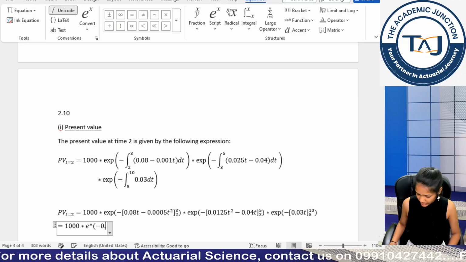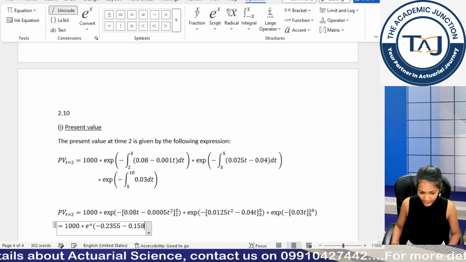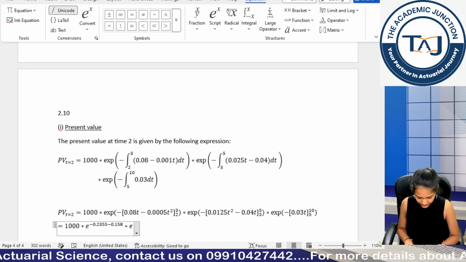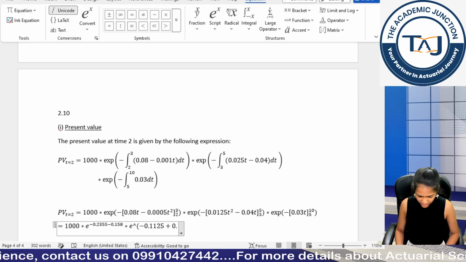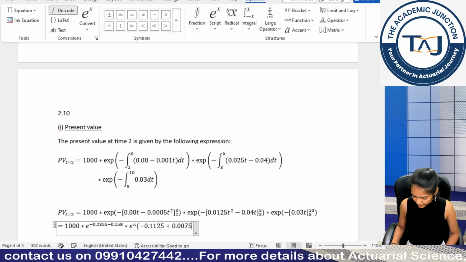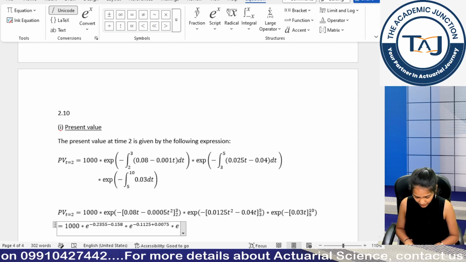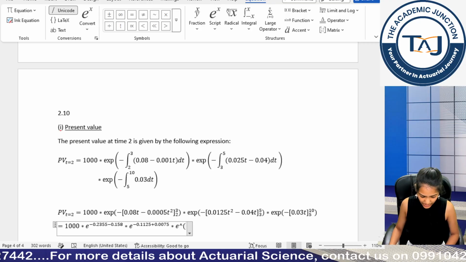Cool. So minus 0.005 2355 minus 0.158. Now space, again e, brackets minus 0.1125. These are the calculations, you can do it by yourself. Brackets closed, again e to the power minus, basically we have just put in the limits.